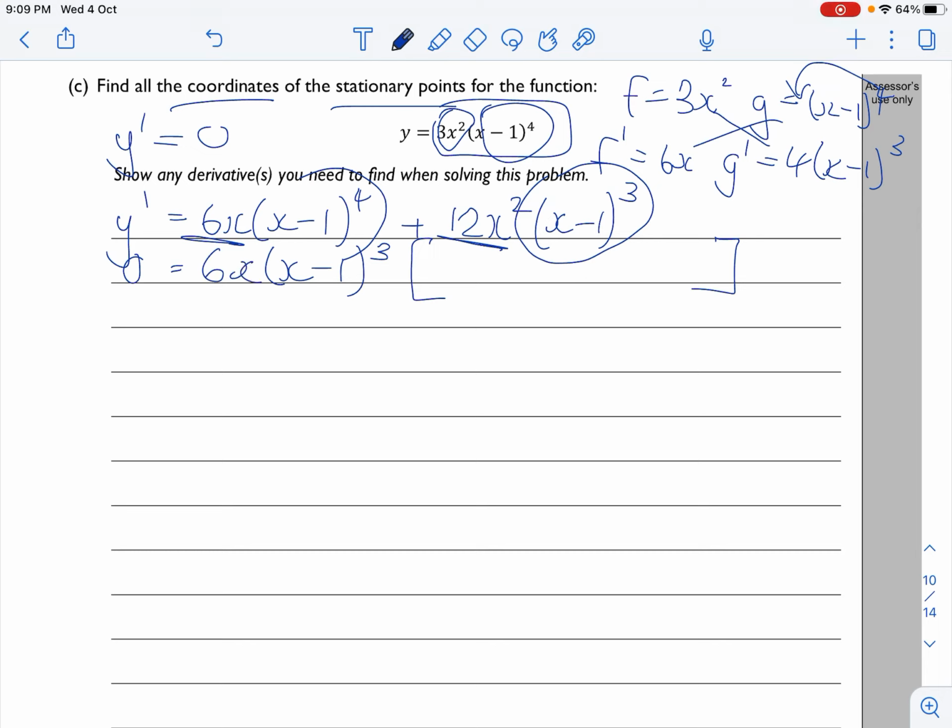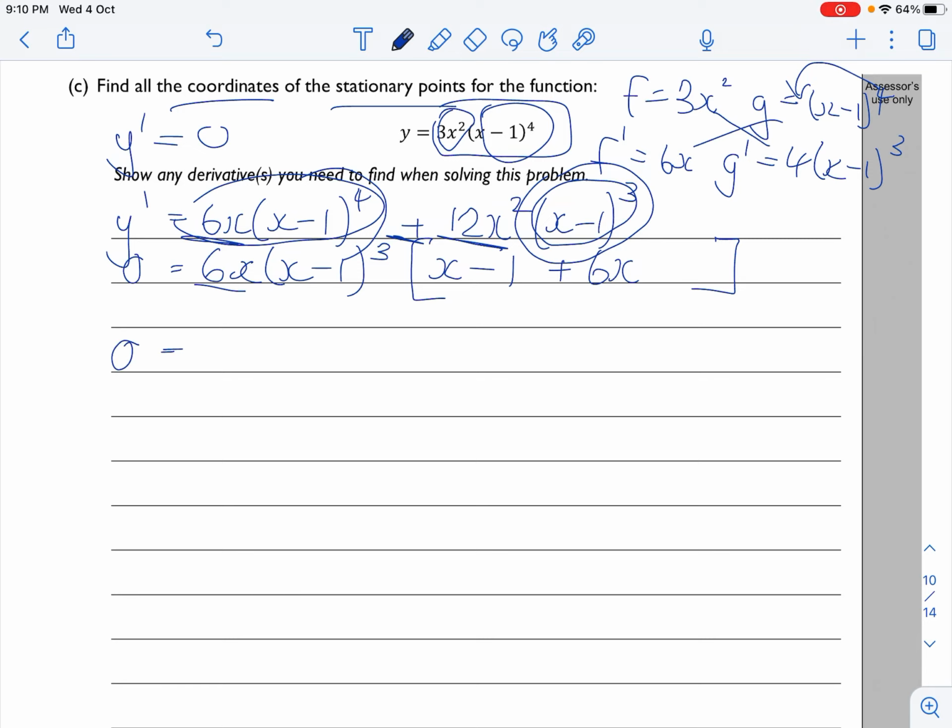So what I've got left here is just 1, x minus 1. I don't need to put it in brackets. So I've got a plus in the middle and 6x is gone, so I'm left with 6x, and the whole lot of that x minus 1 to the power of 3 has been pulled to the front, so that's disappeared.